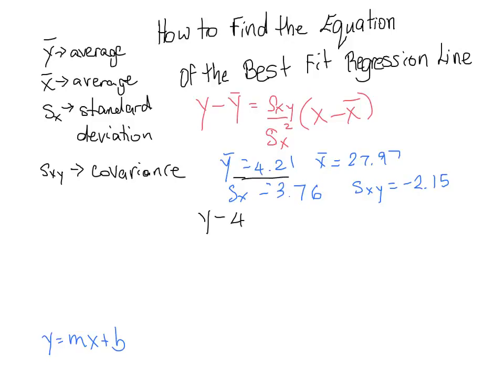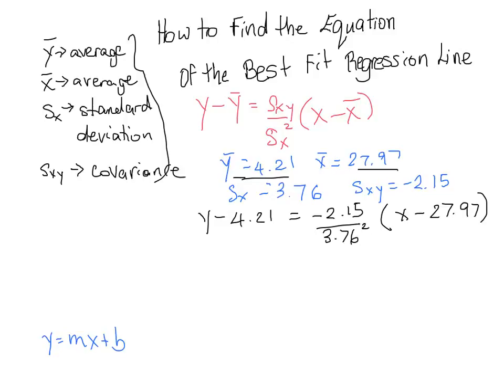So y minus 4.21 equals sxy, which we have as negative 2.15, over sx squared, so 3.76 squared, times x minus the average of x, which is 27.97. So our first step was just to plug in these four values. That's our first step. The next step, I would say, is to simplify that fraction.